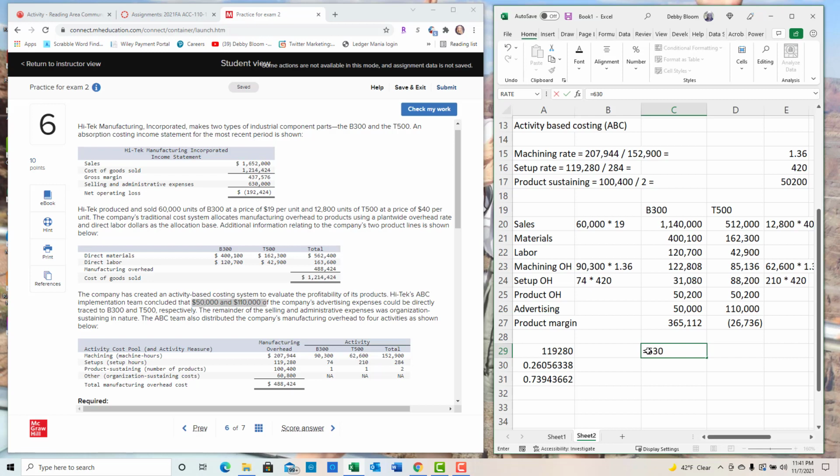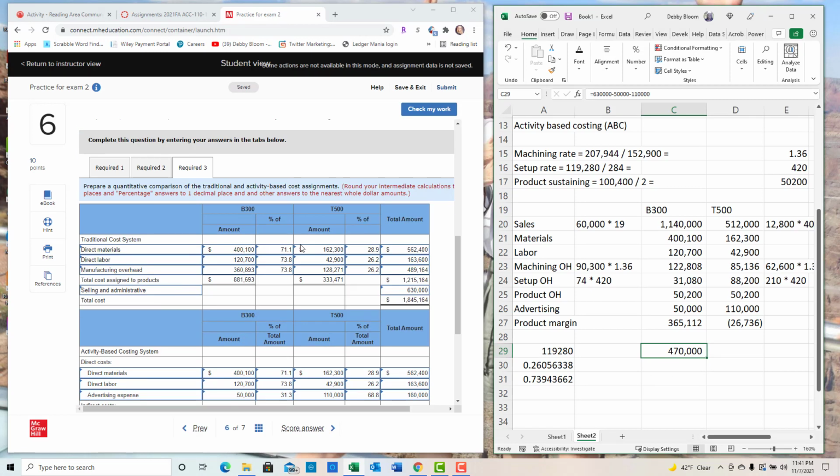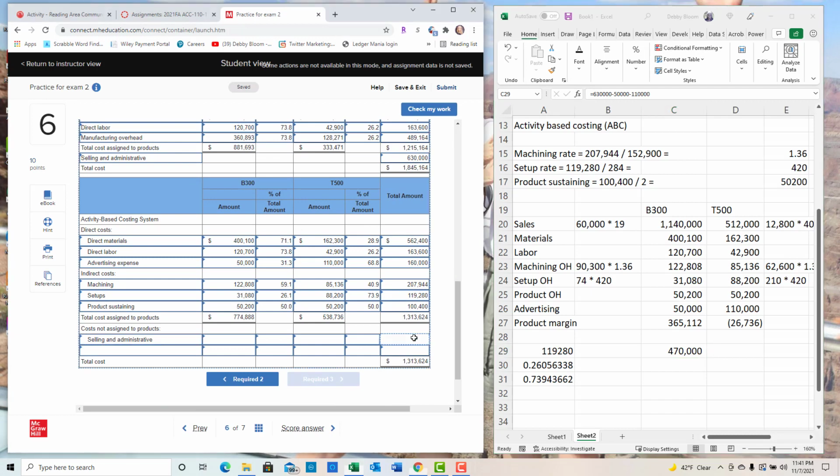So if I take the 630,000 total selling and administrative expenses before the assignment, subtract out the 50,000, and subtract out the 110,000 in advertising expenses, we're going to find out that we actually have 470,000 of selling and administrative expenses under ABC.